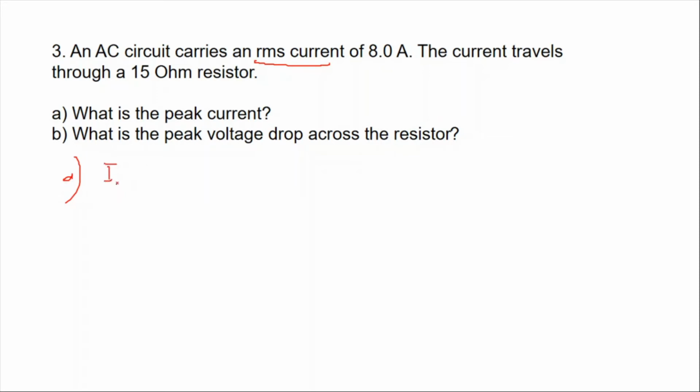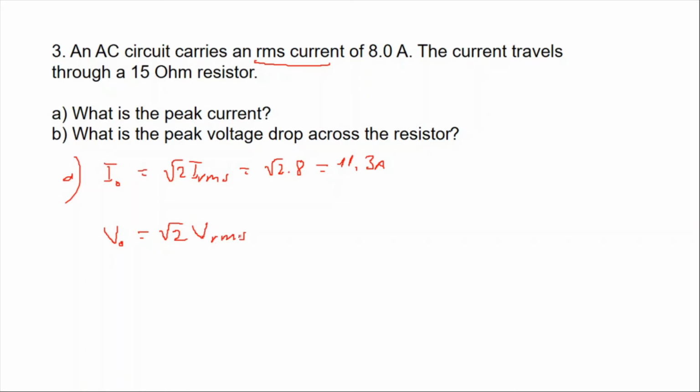The peak value of the current I0 is equal to square root of 2 times I RMS, and it will be square root of 2 times 8, which yields approximately 11.3 amperes. So what is the peak voltage drop across the resistor? The peak value of the voltage, V0 or V max, will be equal to square root of 2 times V RMS.